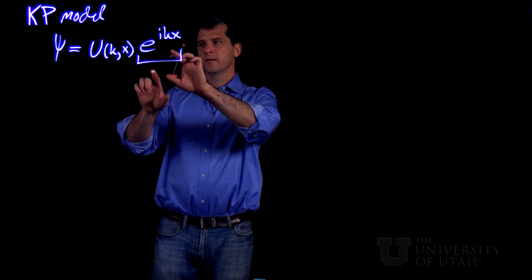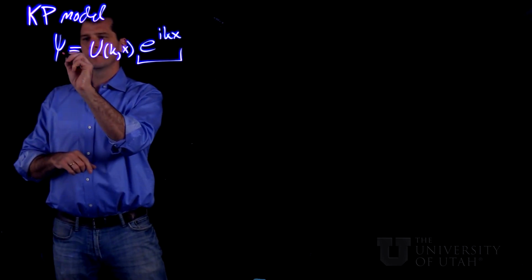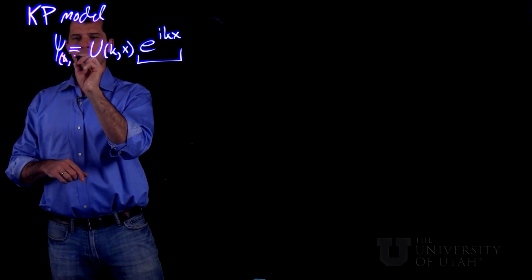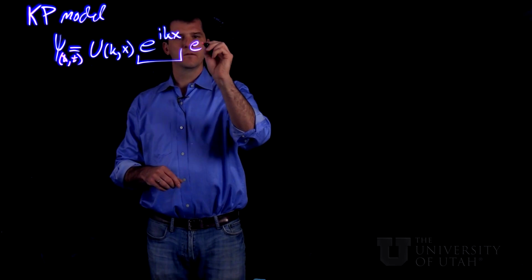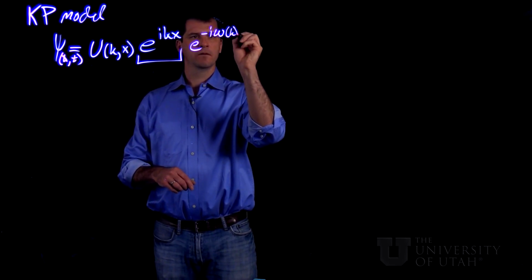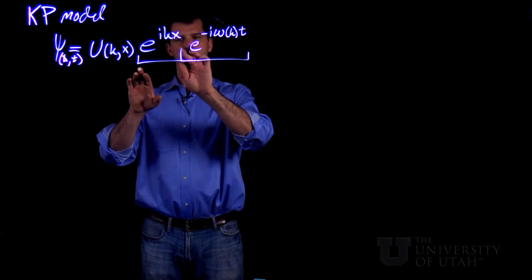We're really trying to represent that more complicated wave function as a plane wave. And so we can write the total plane wave, x and time, we can write it out like this.